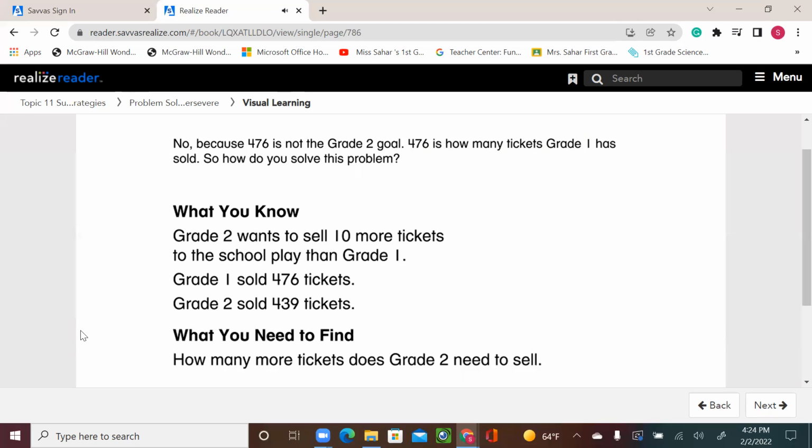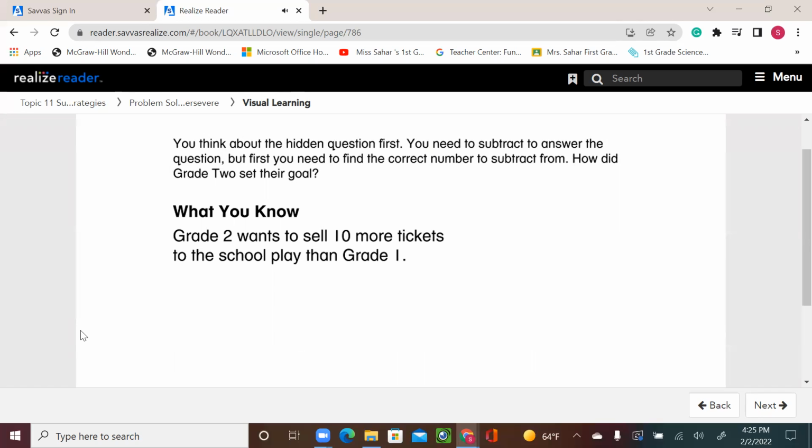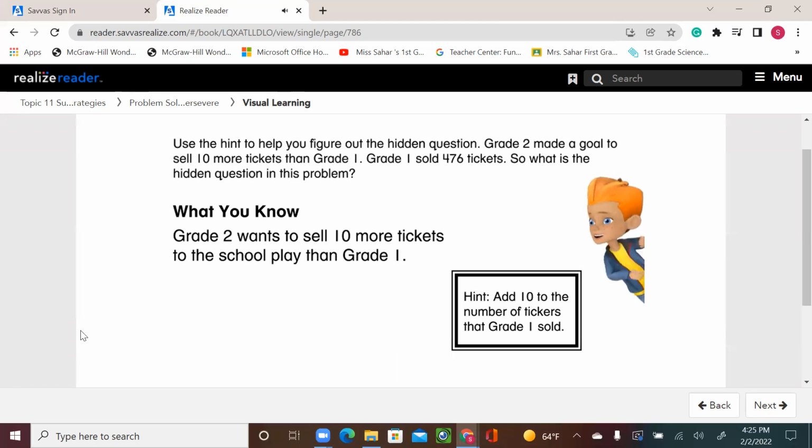So how do you solve this problem? You think about the hidden question first. You need to subtract to answer the question, but first you need to find the correct number to subtract from. How did Grade 2 set their goal? Use the hint to help you figure out the hidden question.